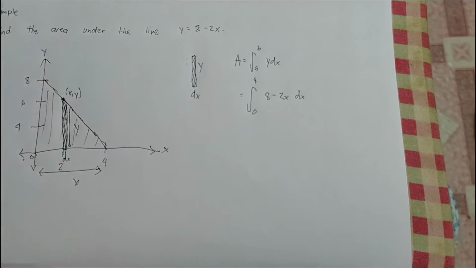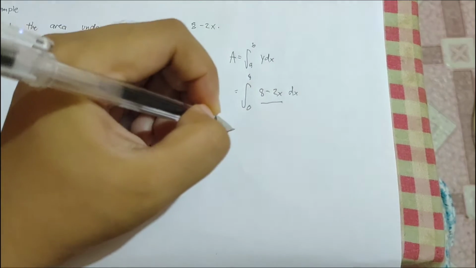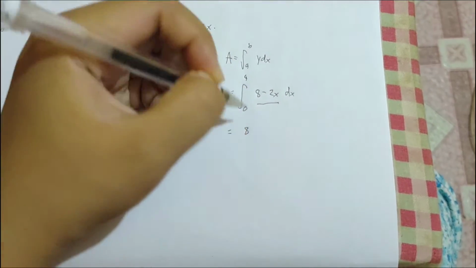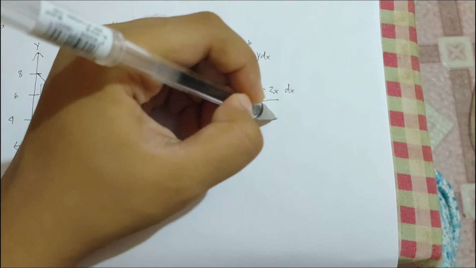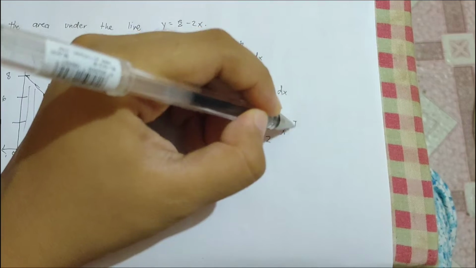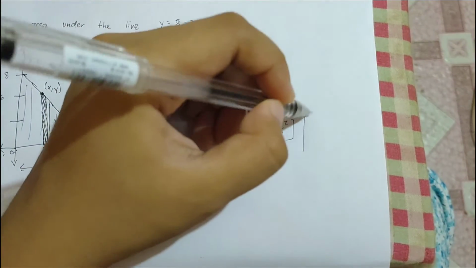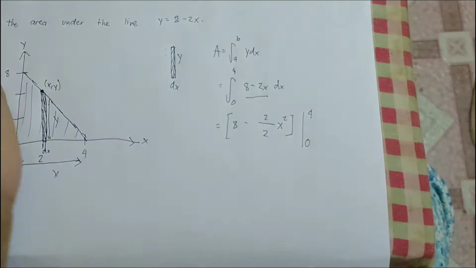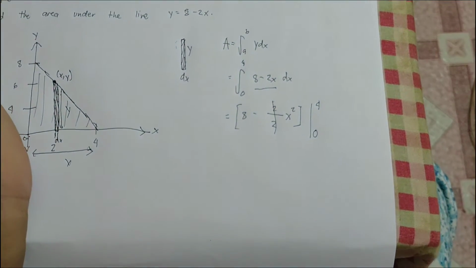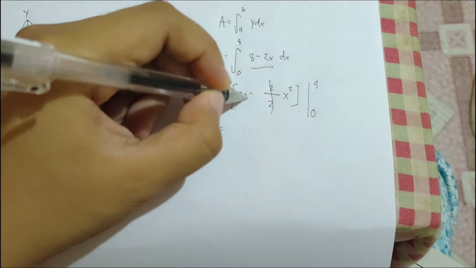And then we will integrate this. So the integral of 8 minus 2x is 8x minus 2 over 2 x squared, limit from 4 to 0. So we will cancel this out since it is just 1. So, we forgot the x.